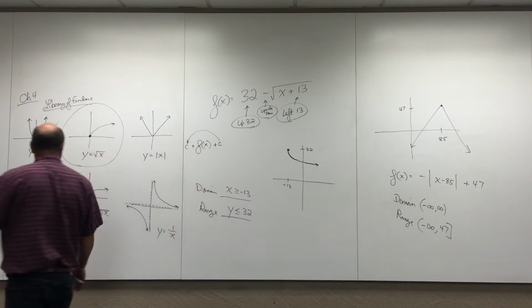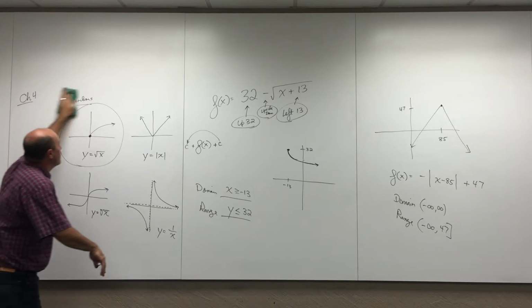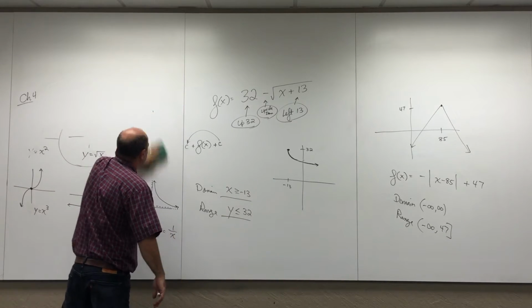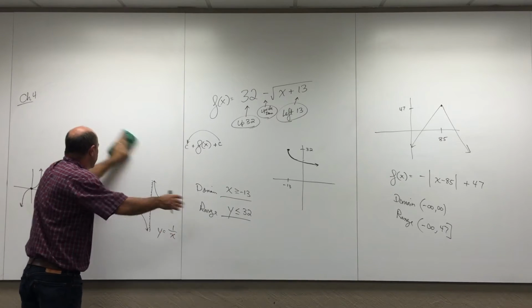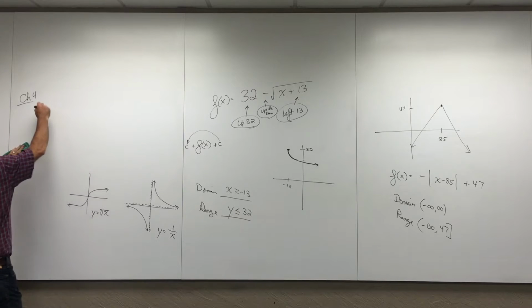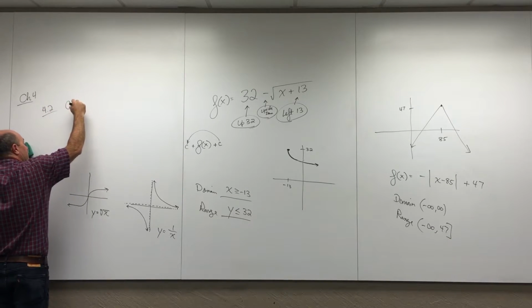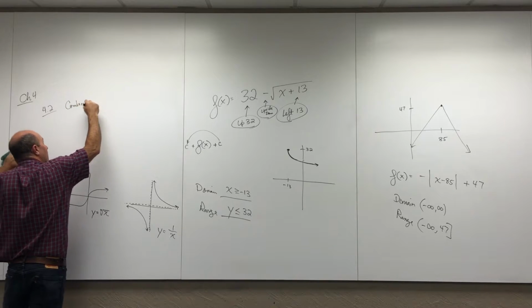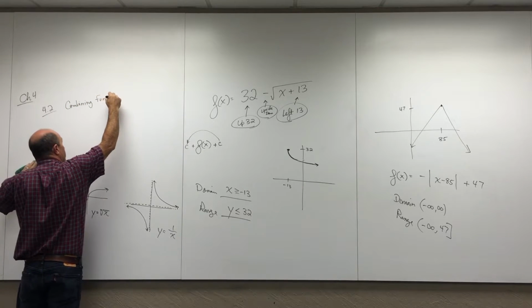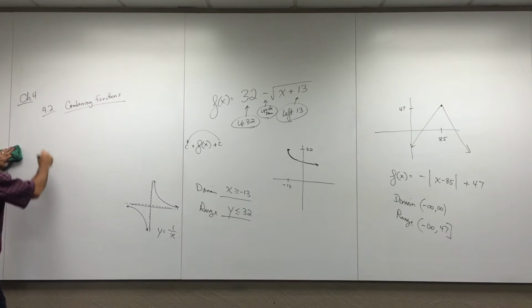All right, so I'm going to move on. I'm going to go into 4.2. So it's a different topic. In 4.2, I'm doing this funny thing. I'm combining functions. Check this out.